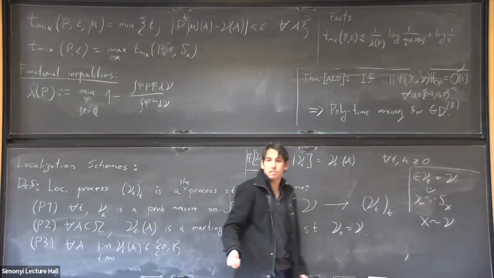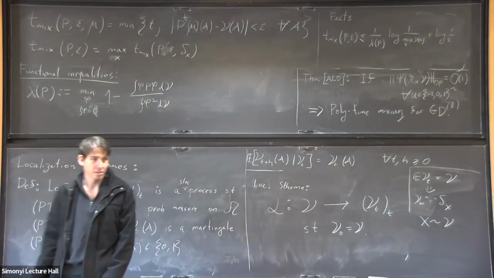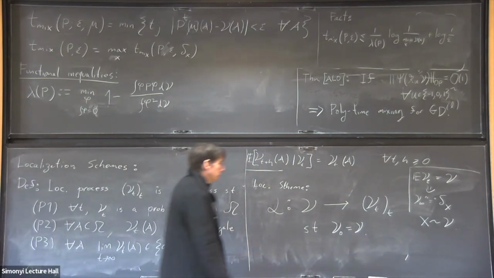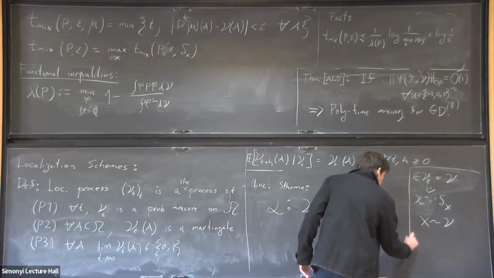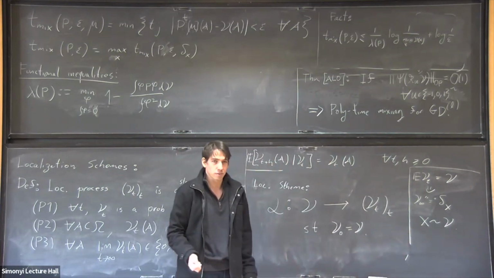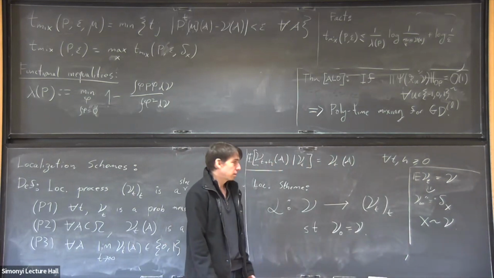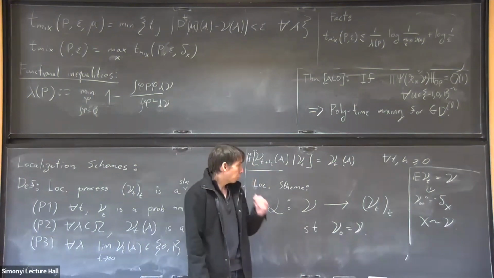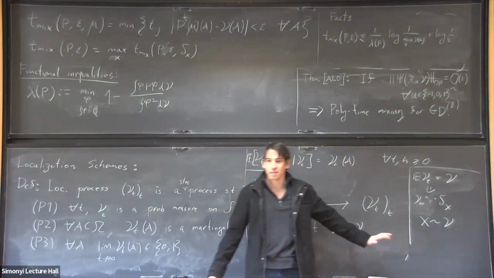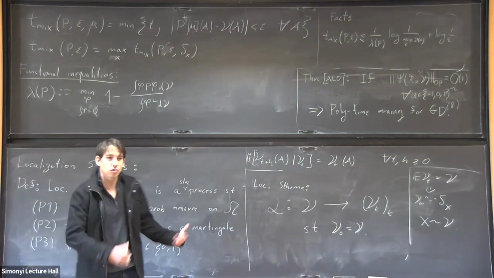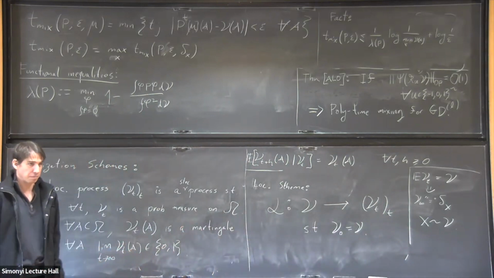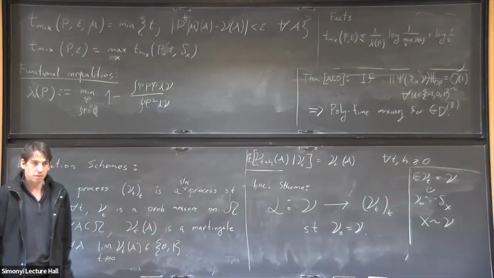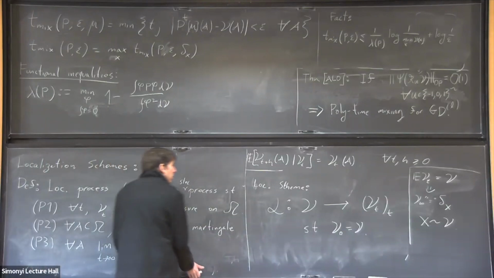So I can think of it as a kind of overkill way to sample from nu. Okay. We're not going to run this algorithmically. This is just a step in the analysis of the Markov chain. Okay, so this is the definition.